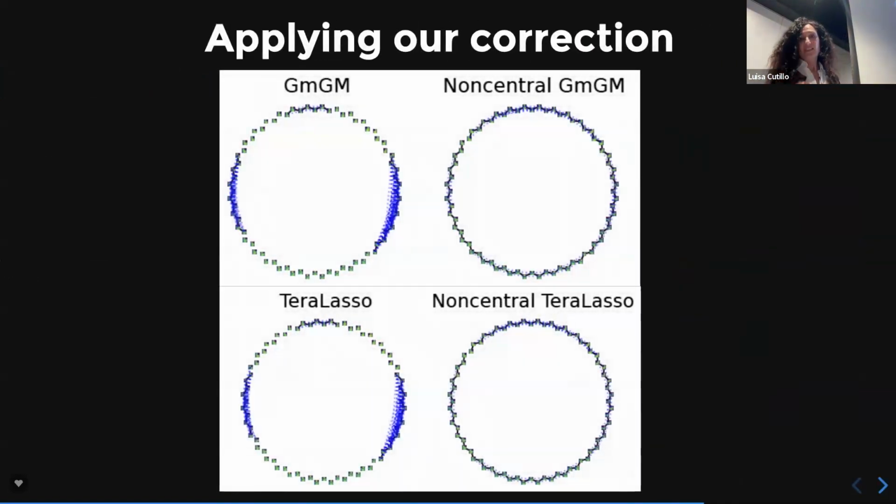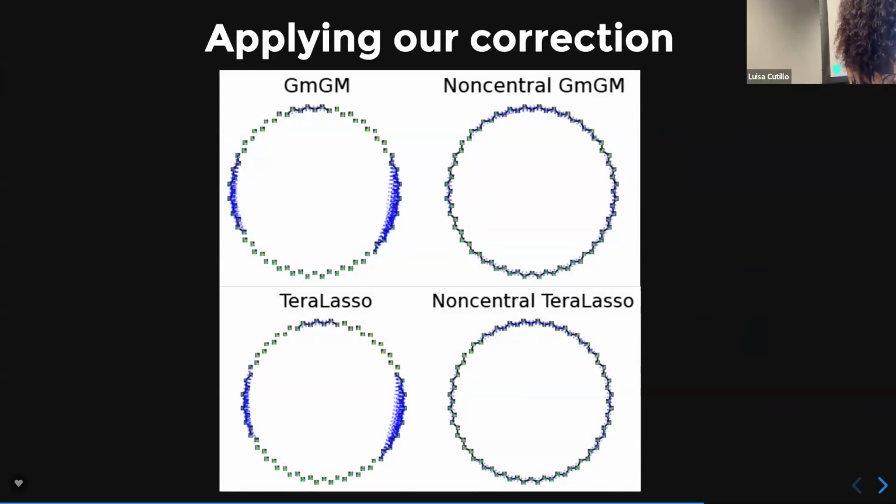This is another example of applying our correction to the COIL dataset, where there was the rotating duck. You can imagine that if you want to link all the frames of the rotating duck, those are linked one to another, so you should have a circle there. If you don't center the data, you don't recover all the connections. There are empty parts here, with no connection between some of the frames.